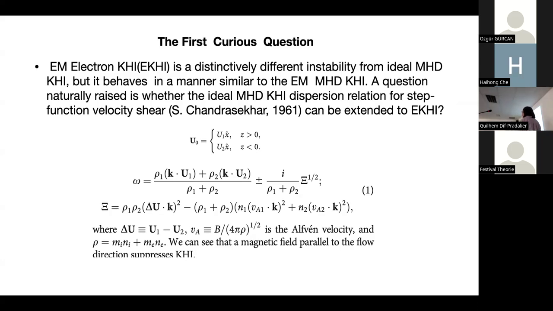If we can do this, it means we keep the shear the same, that is the velocity shear, and change the wave speed to the electron speed. So it seems much easier, and everyone is happy. So can we do this? This is the question we want to ask.